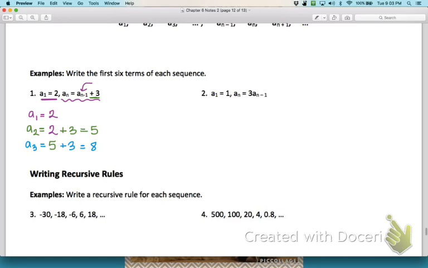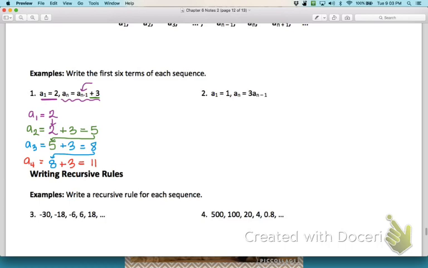A1 was equal to 2, so 2 was the thing that I plugged into the equation to get the next term. Then I got 5, and 5 was what I plugged in to get the next term. So now if I want to do A4, I'm going to use 8, which was the previous answer, plus 3 to get my new term, which is 11.